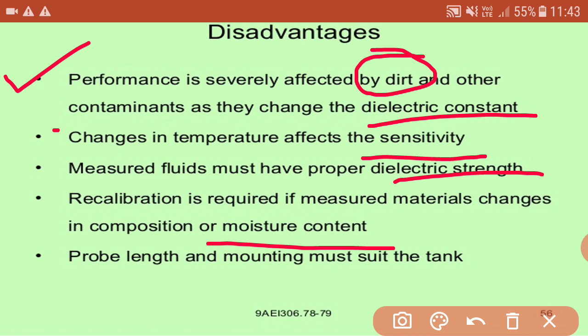Then probe length and mounting must suit the tank. So probe length and mounting should be suitable with the tank. So these are some limitations or disadvantages of capacitive level measurement.